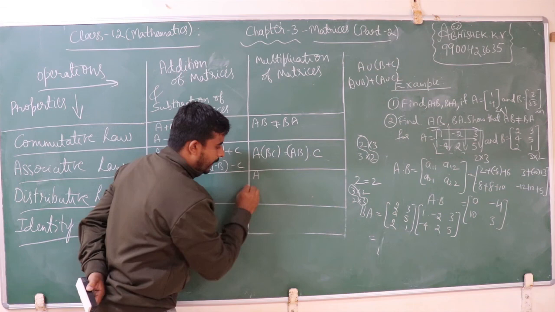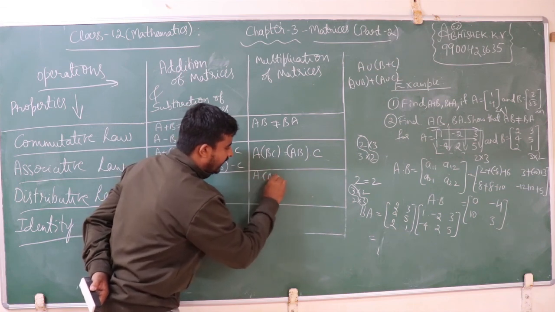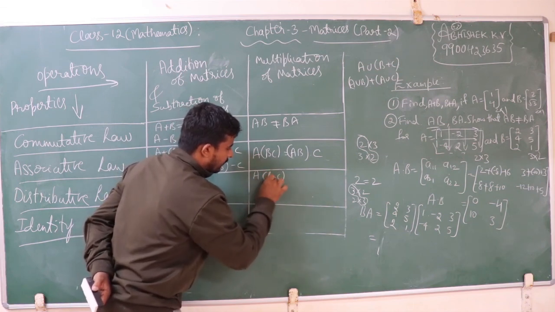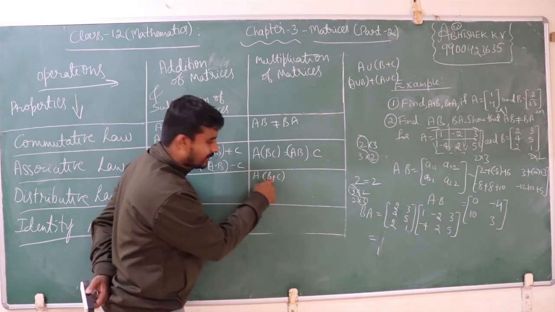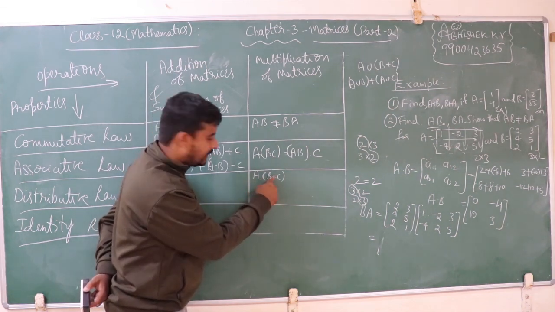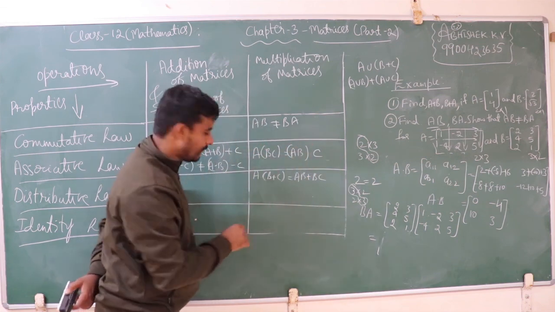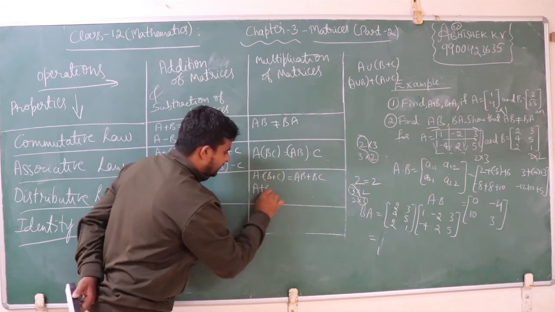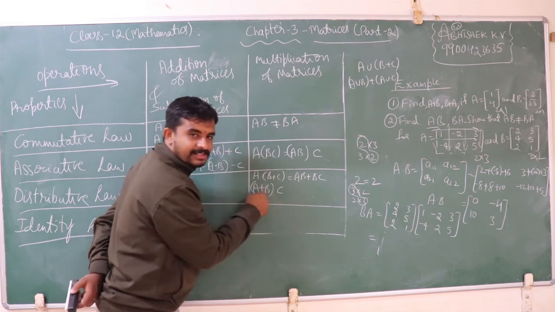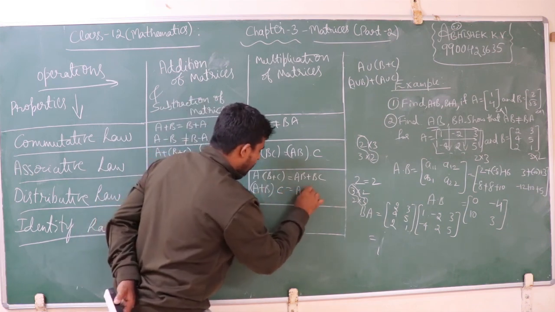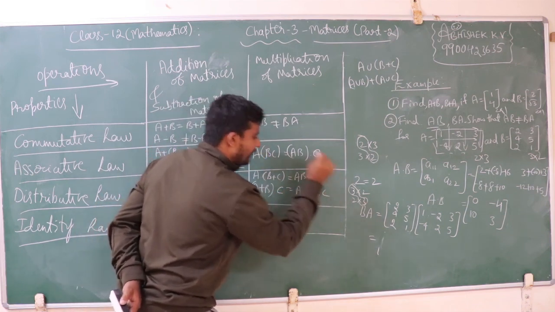Therefore, A dot (B plus C) is equal to AB plus AC. This is multiplication, this is addition. Also, (A plus B) dot C is equal to AC plus BC. This is addition, this is multiplication.